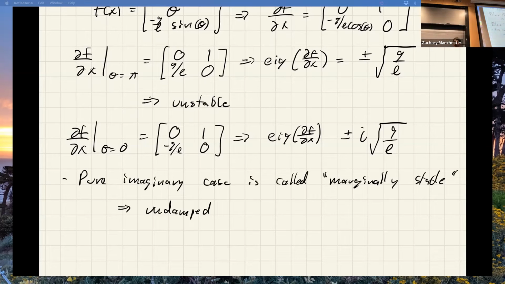Because what this says is that the linearization is 0, so the next order term in the Taylor series is going to dominate. And that thing could do anything, and you just don't know, right? So if the linearization comes out with real part equals 0, all bets are off, and you have to do a fancier nonlinear stability analysis. Does anyone know what that is in general? Lyapunov stuff. Yeah, so you have to look at a Lyapunov function, which you can easily do here on the pendulum. You just look at the total energy, and you can show that it's bounded, and therefore this thing is stable, actually. But you can't get that from the linearization, so you have to be extra careful.